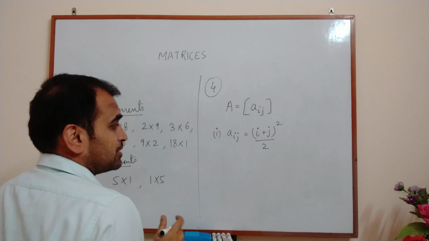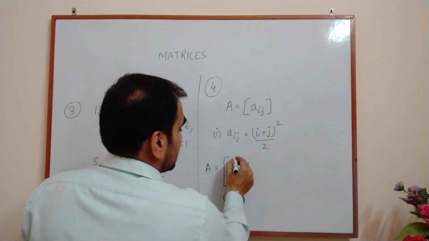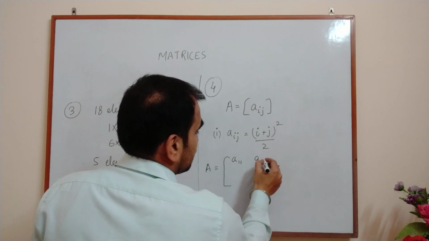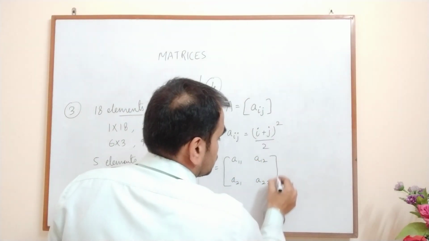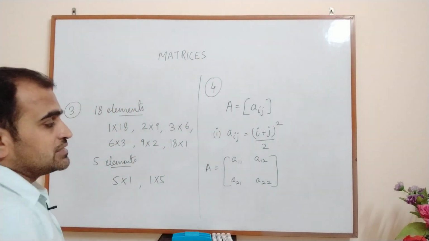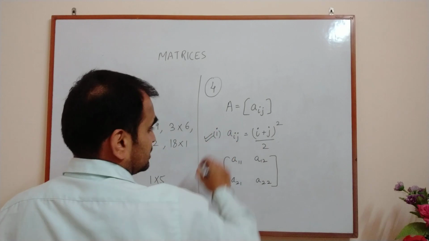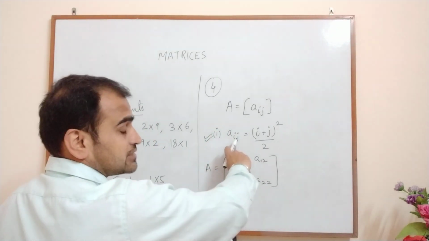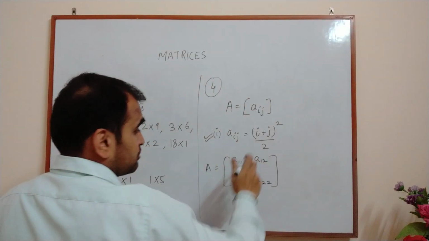Because this matrix is of order 2 cross 2, A can be written as A11, A12, A21 and A22. What you have to do is compute the values of these four elements using this rule: Aij is equal to i plus j whole square divided by 2.